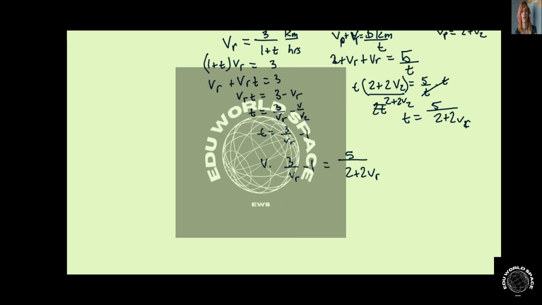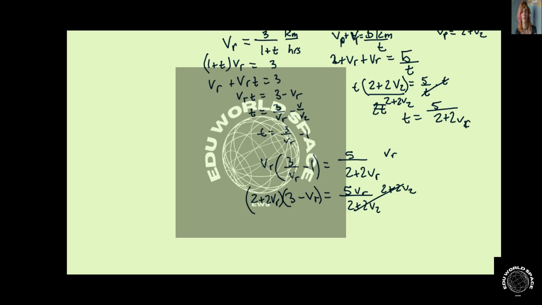Well, let's go ahead and start solving this for VR, multiplying by VR on both sides, giving us 3 minus VR here equal to 5 VR over 2 plus 2 VR. Now we'll need to multiply by this 2 plus 2 VR. So you can probably start to see we're going to get a quadratic.